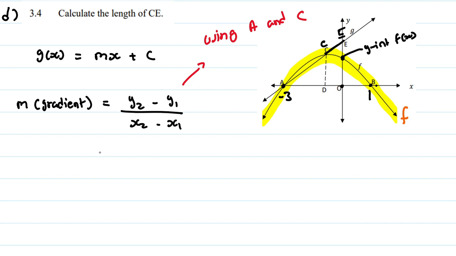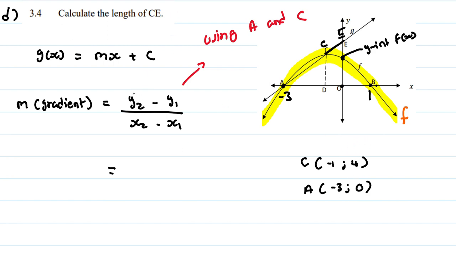So the y value of C, remember we have C coordinate as -1 and 4, and we have the coordinates of A as -3 and 0. So we're gonna use those y values.